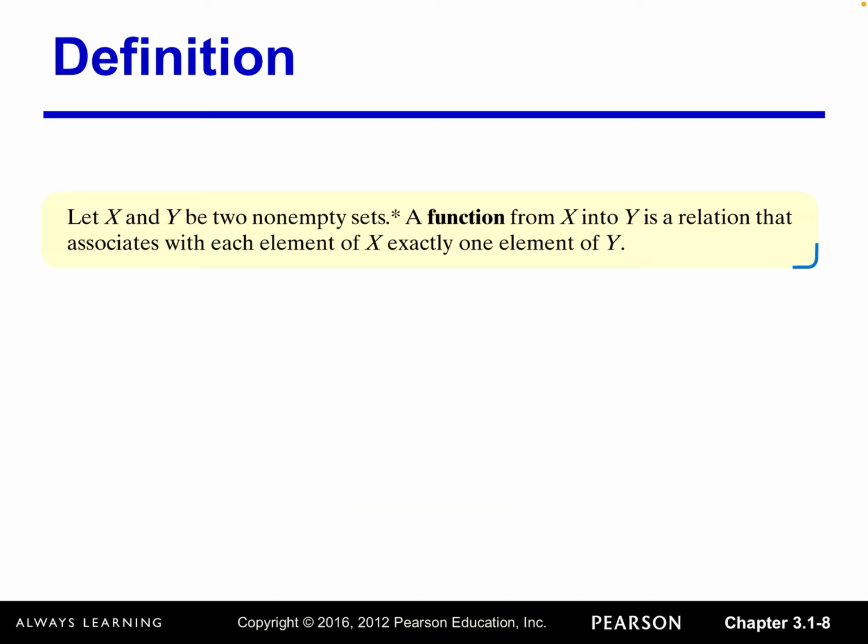So that's the definition of a function, which I stated earlier already. Let x and y be 2 non-empty sets. A function from x into y is a relation that associates with each element of x exactly 1 element of y.